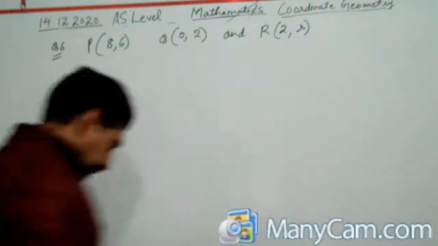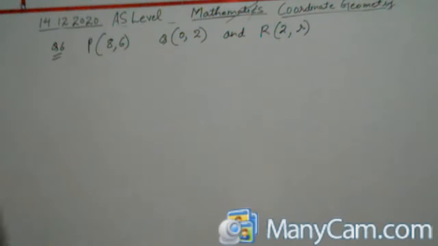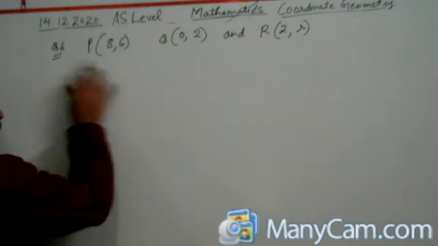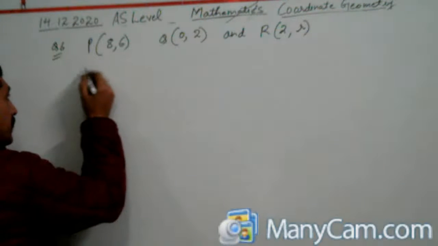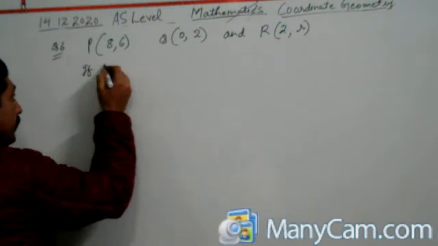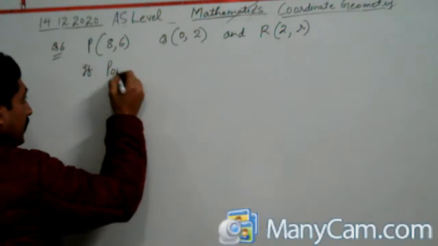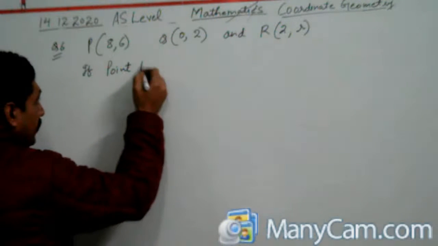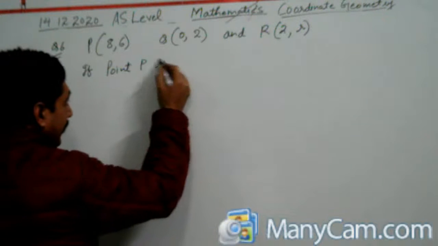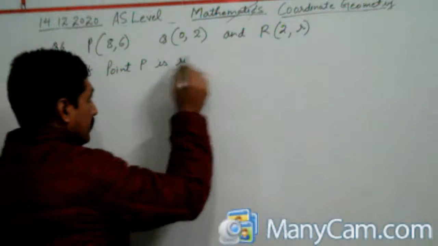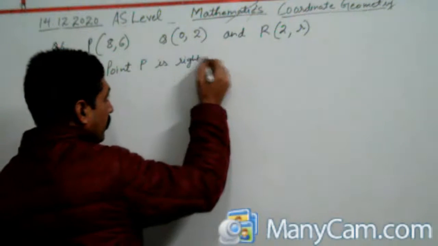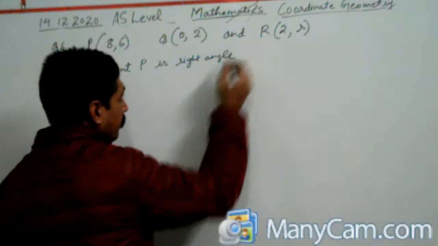Now they are saying if point P is the right angle, there are so many parts. So first, if point P is the right angle, then find the value of r.